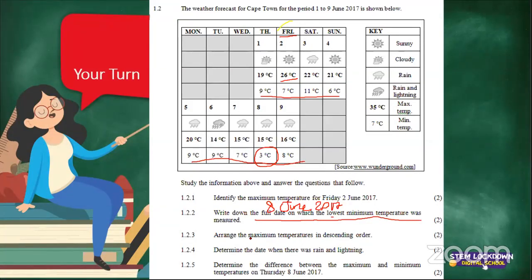Give me your maximum temperatures in descending order. What are your answers? I'm giving you a couple of seconds to first arrange and rearrange your answers to see if you will get full marks.